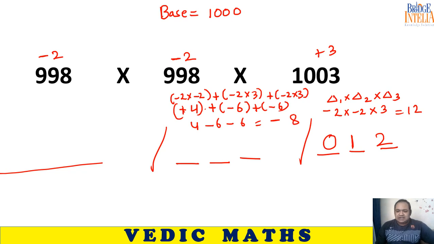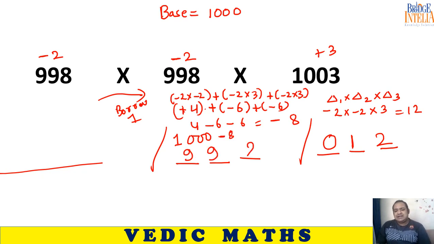So minus we cannot write. So we will take a borrow. If you take a borrow of 1, that 1 will actually become 1000, because this chamber has 3 blank spaces. So 1 coming from that chamber is effectively 1000. So 1000 minus 8 is equal to 992. So write 992 here.